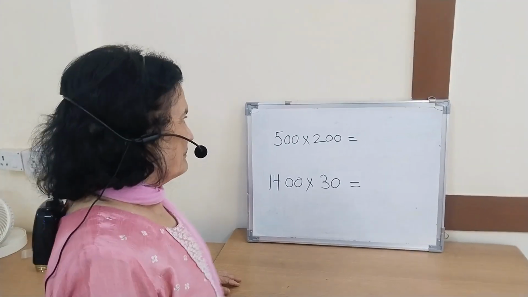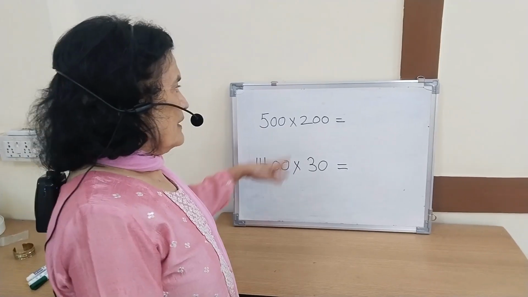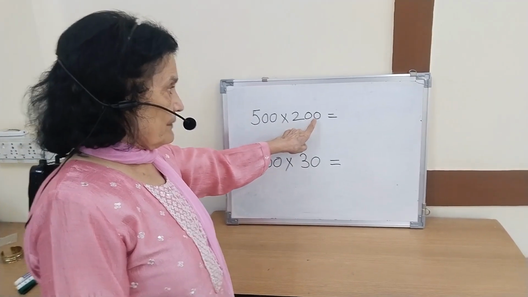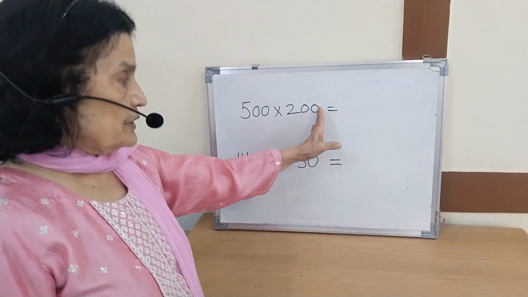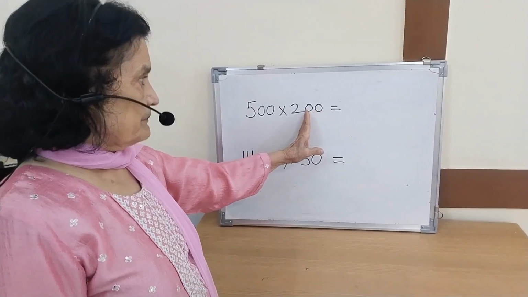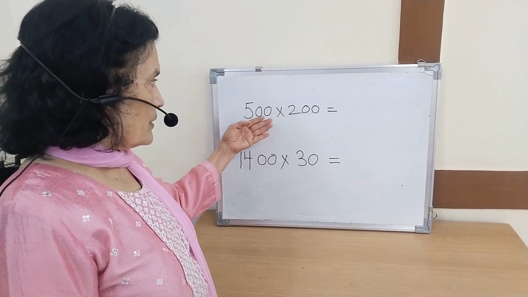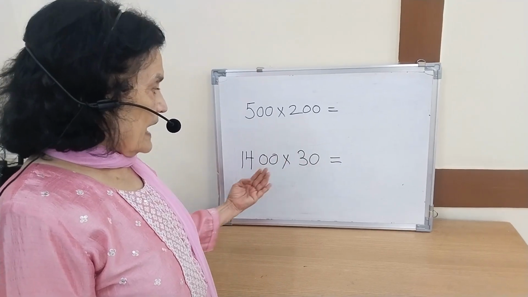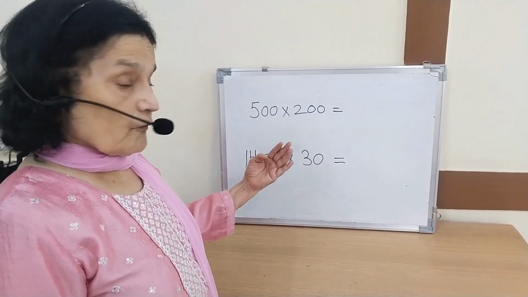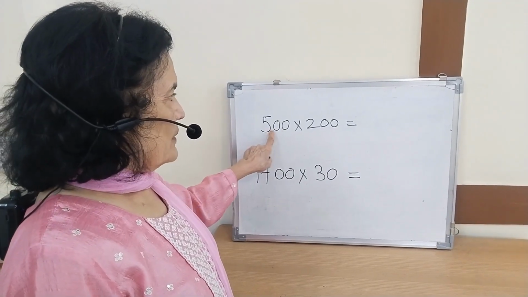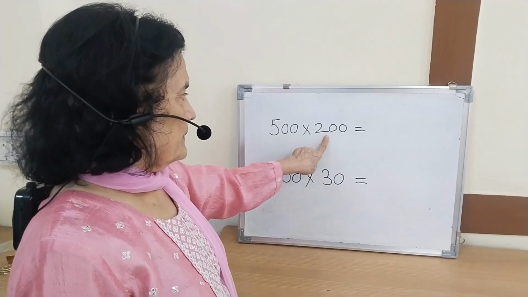Now let us see when there are uninterrupted zeros starting from the units place onwards. Then whether they are in the multiplier or multiplicand, we can solve the sum very quickly. For example, here is 500 into 200.